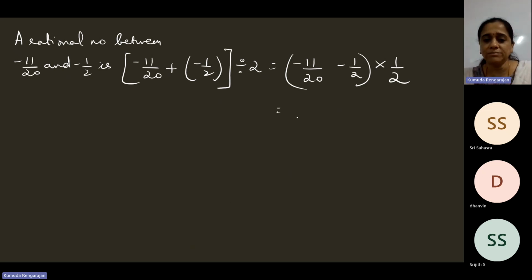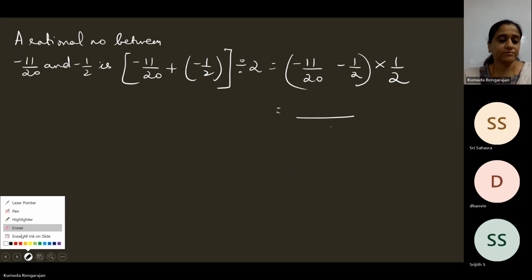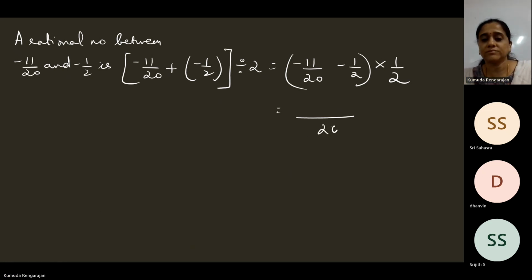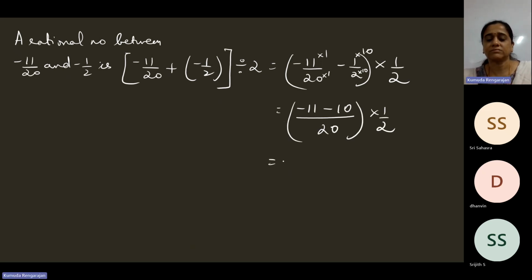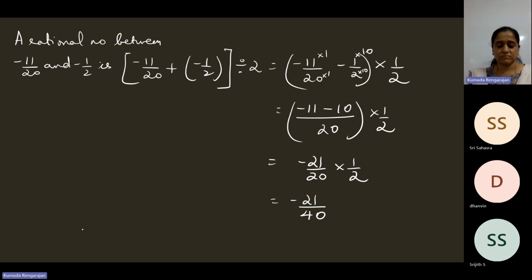What's the LCM? 20 itself. Minus 11, minus 10, into 1 by minus 21 by 20 into 1 by 2, we get minus 21 by 40.